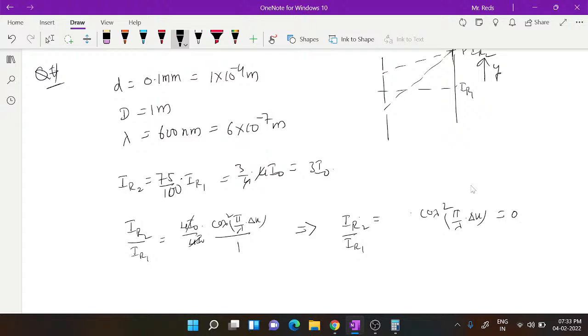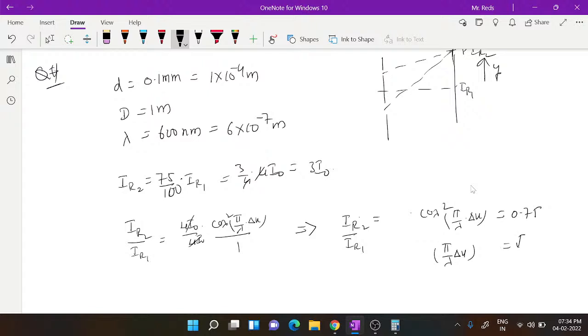So cos square of pi by lambda into delta x is equal to 0.75, and taking the root, cos of pi by lambda into delta x is root 3 by 2. You have to cross check.